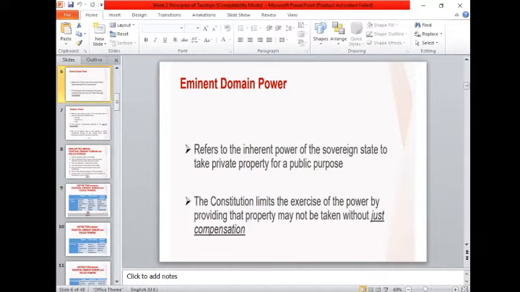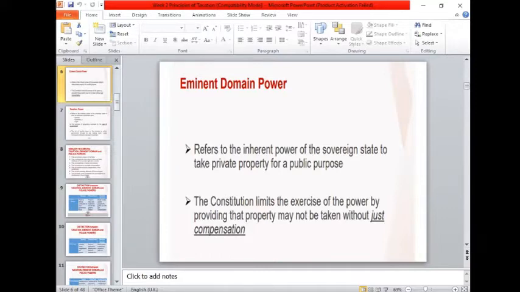The government will not use force to exercise this power, because there should be a win-win solution in which the private individuals permit the government to buy their properties for public purpose.